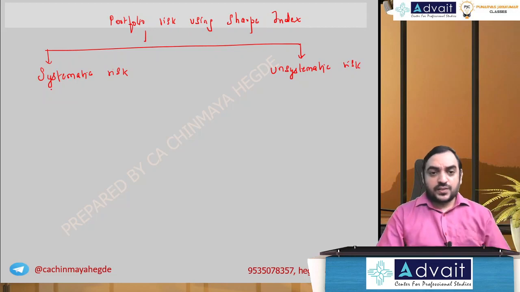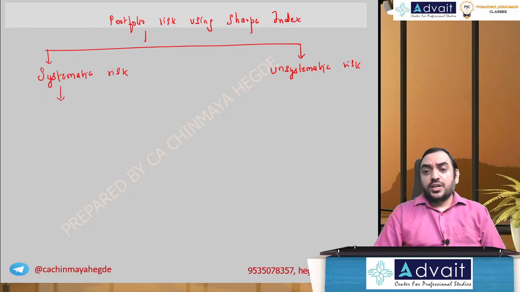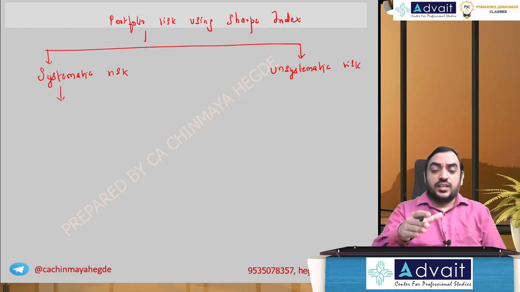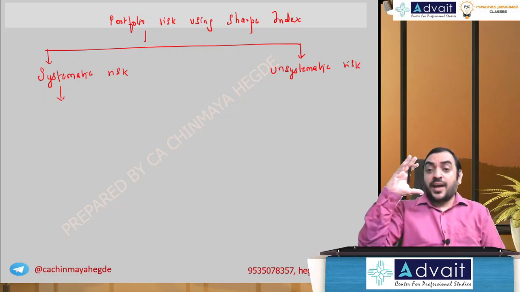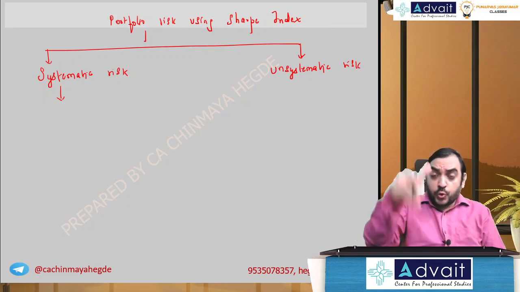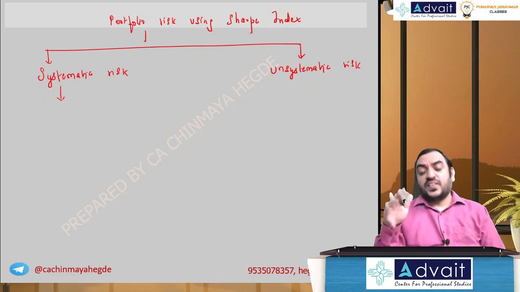In systematic risk, how do we calculate? From the market risk, if I want to come to the security risk, what should be multiplied?